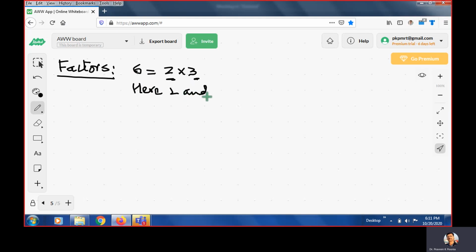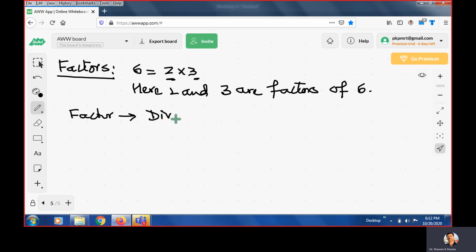Because 6 can be written as 2 times 3, 2 and 3 are factors of 6. So if we are talking about factors, we must remember the number should be divisible.